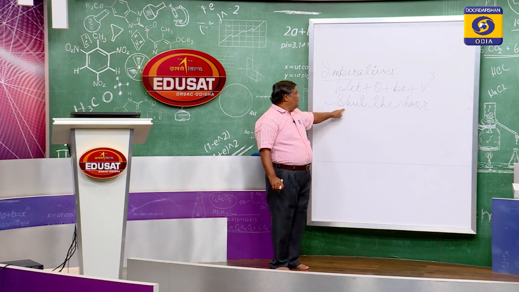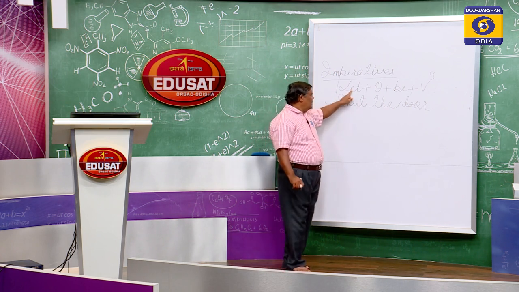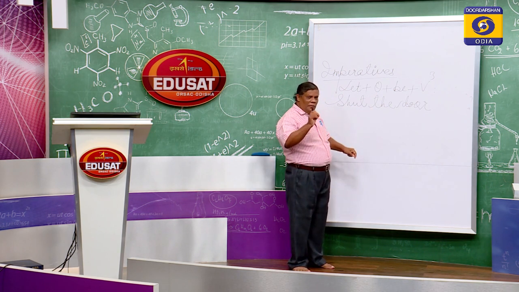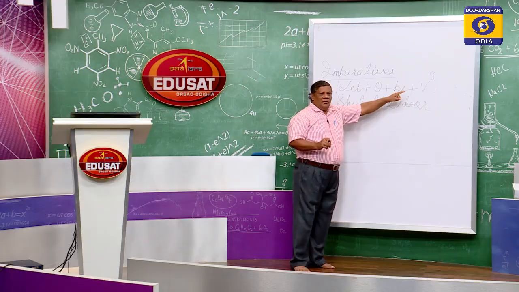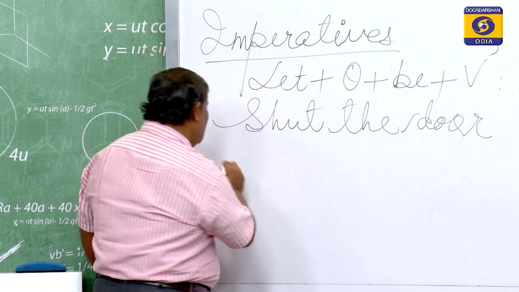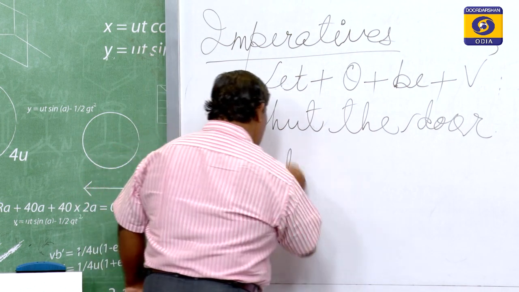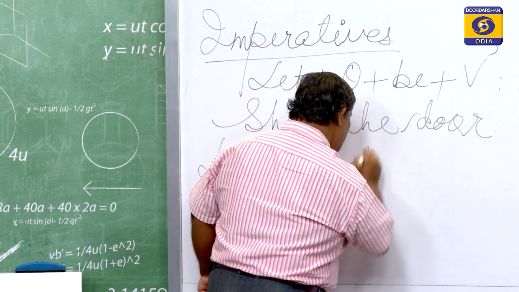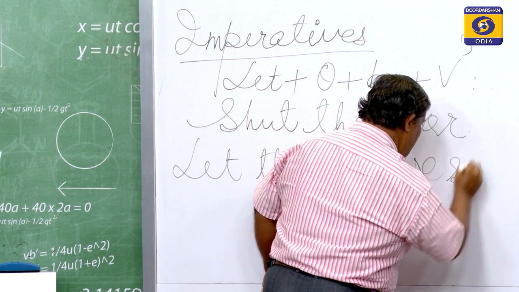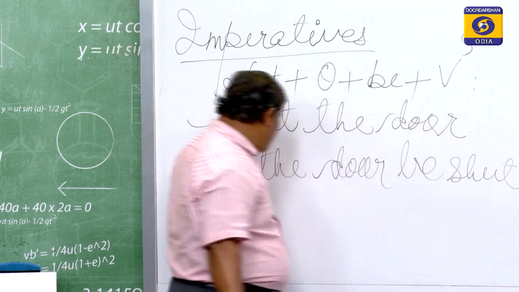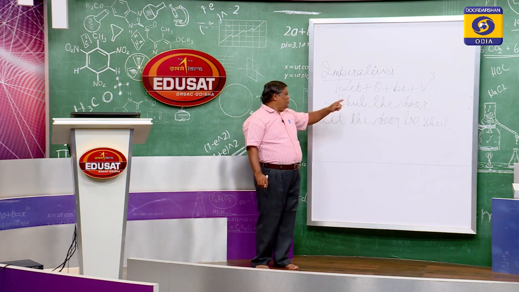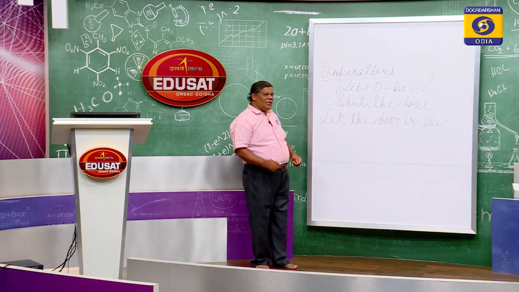Shut the door means let the door, let then object the door, then be, let the door be, then the past participle form of the verb. Shut, so it should be: let the door be shut. Shut the door, let the door be shut.